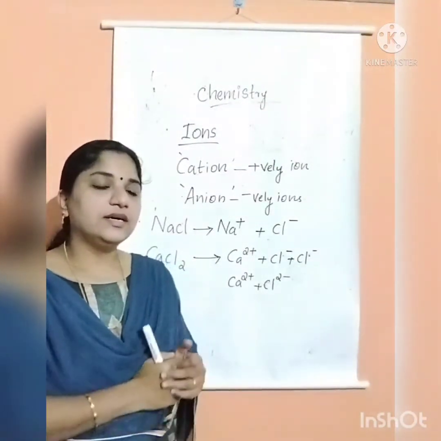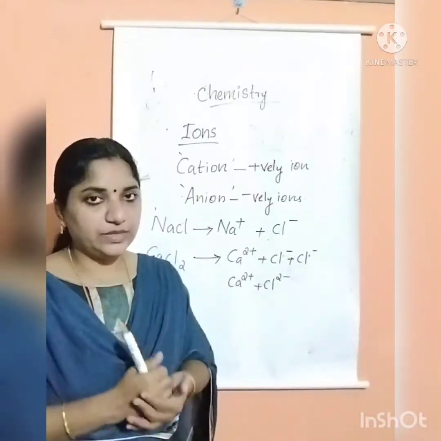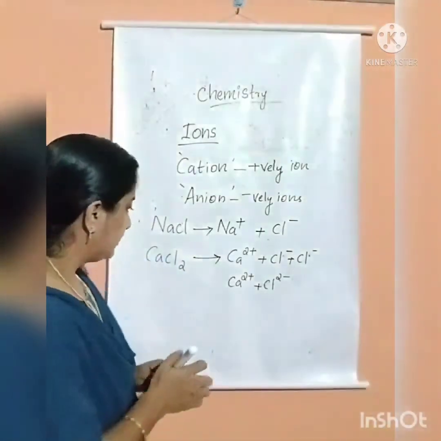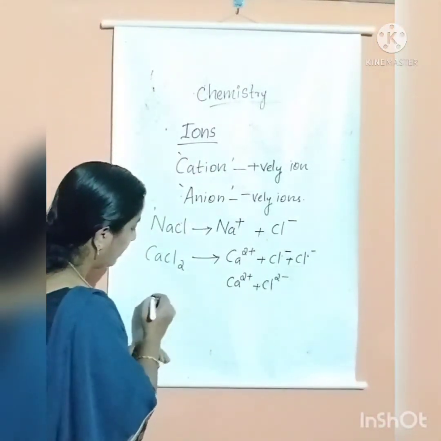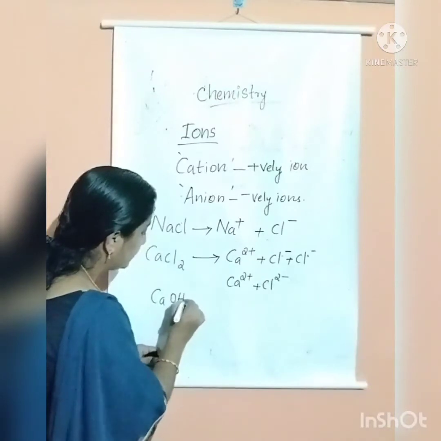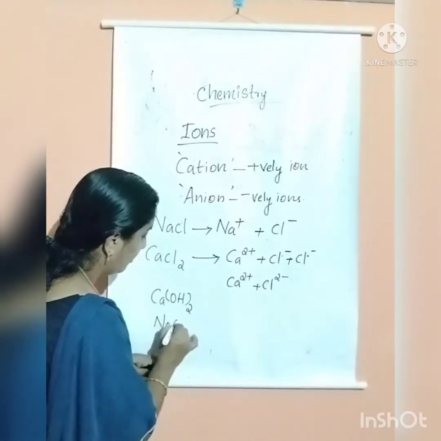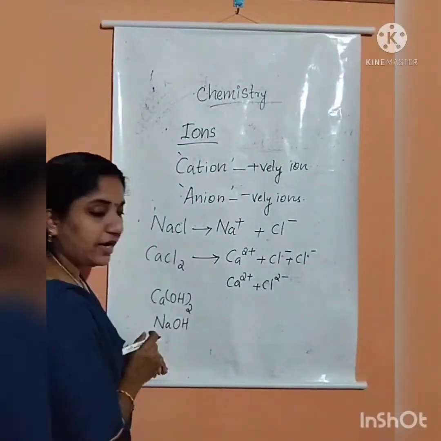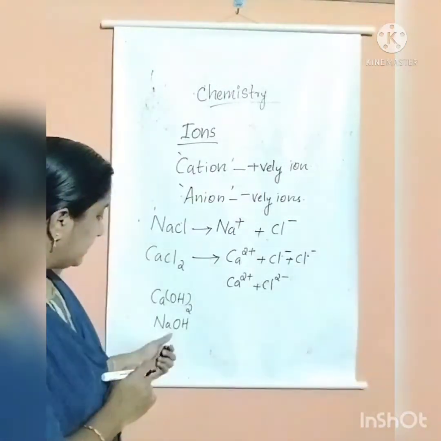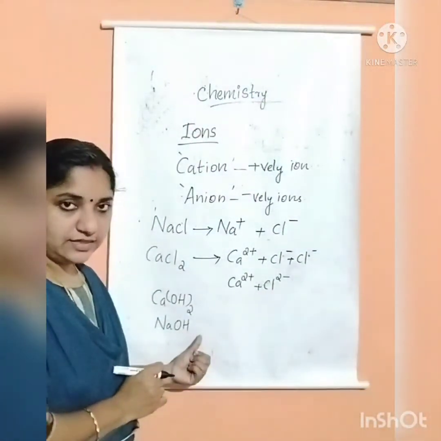Okay. Children, some compounds contain polyatomic ions. You can look here: Ca(OH)2, calcium hydroxide, or NaOH, sodium hydroxide. Here you can see sodium and OH.